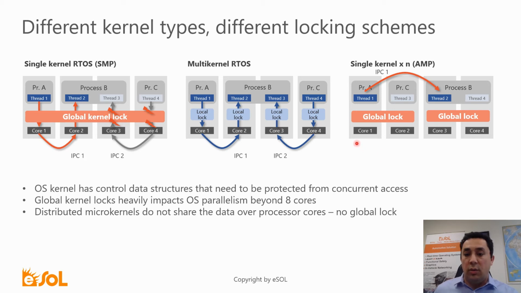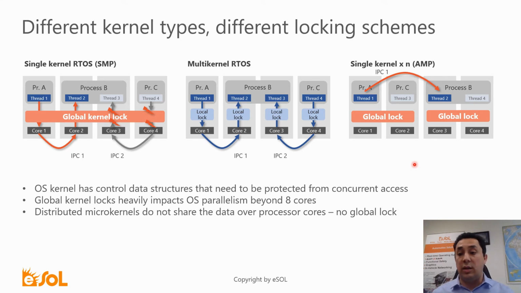Then the cores managed by a single instance of the OS still go under a global lock, but they do not impact other instances of the operating system. When threads want to communicate locally within the operating system, then the communication can go like before in the SMP design. However, when they want to communicate across operating systems, they need to use a specific operating system API or middleware API to communicate.